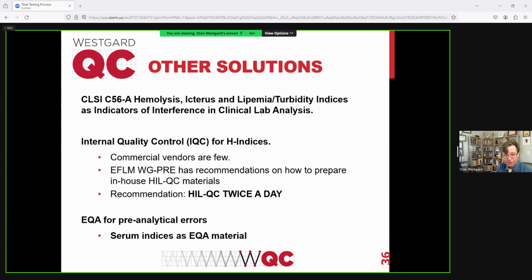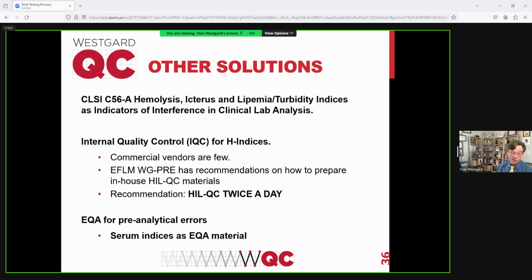Other solutions: there's a relatively recent recommendation that we should have our own QC, QC that just looks at H indices. There are commercial vendors that offer that, not a huge number of them, but it is offered.